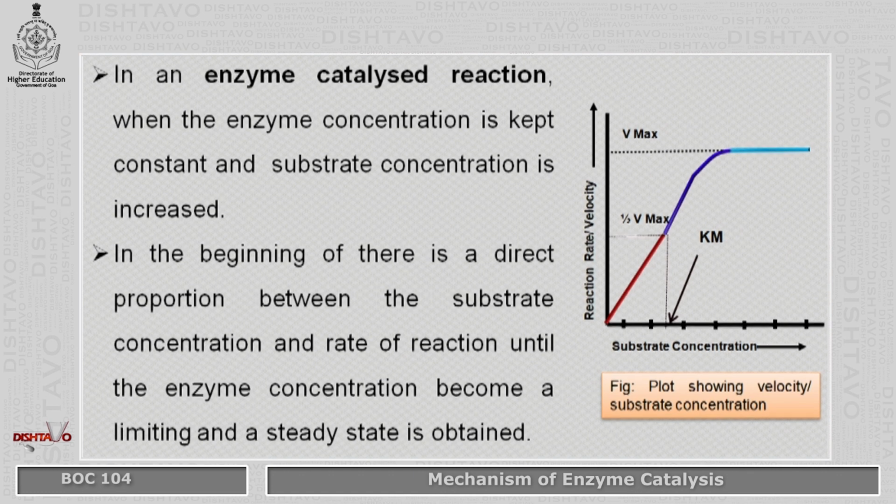In the beginning, there is a direct proportion between the substrate concentration and the rate of reaction, until the enzyme concentration becomes limiting and slowly a steady state is obtained. If you increase the concentration of the substrate, the rate of reaction will not increase because all the active sites of the enzymes are occupied by the substrate.